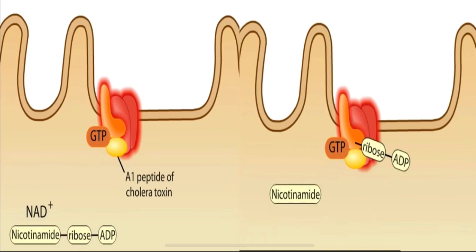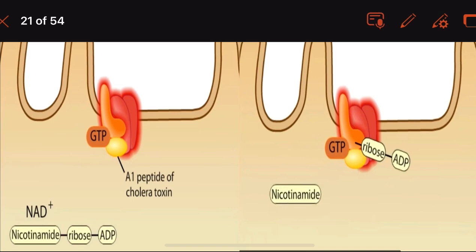In case of the cholera toxin, the A1 peptide of the cholera toxin has an enzyme that uses a molecule of NAD plus, that is made up of a nicotinamide group, a ribose sugar, and an ADP molecule. This adds the ADP ribose molecule to the G protein alpha subunit. So what's happening here?